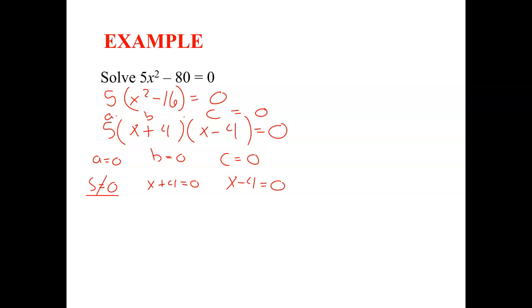It's not going to do anything. There's no variable to solve for here, so that's just a byproduct of our factoring process. We had to factor the 5 out so that I could factor my difference of squares, but after that, it doesn't do me any good. So then I can solve both of those values of x. So what are my two values of x going to be? Good. We got positive and negative 4.